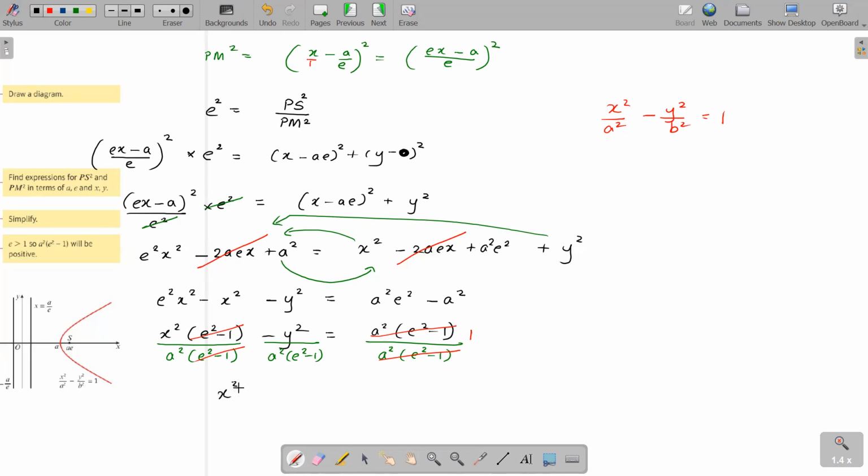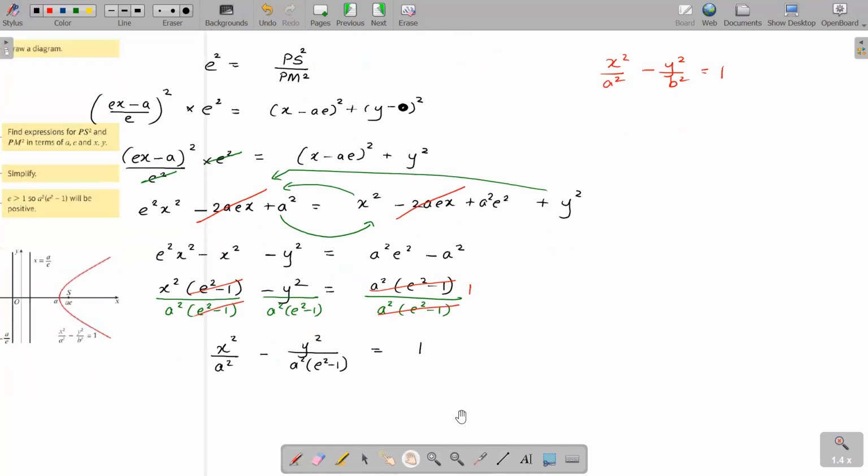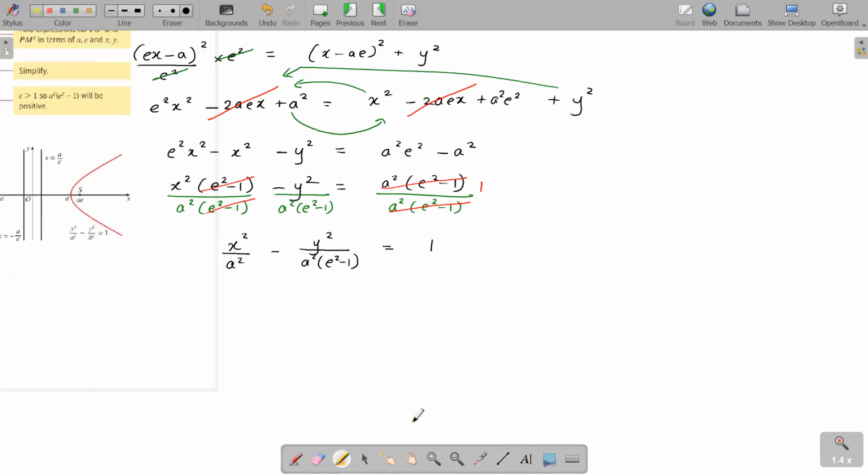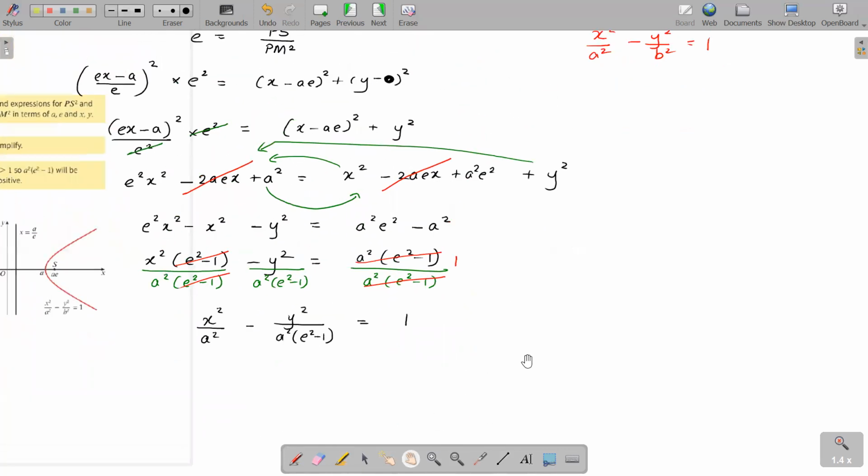So x square over a square minus y square over a square, e square minus 1. Okay? e square minus 1, right? So now this is the equation. It's supposed to be x square over a square minus y square over b square equals 1.